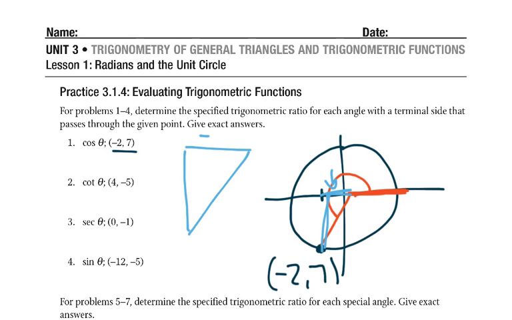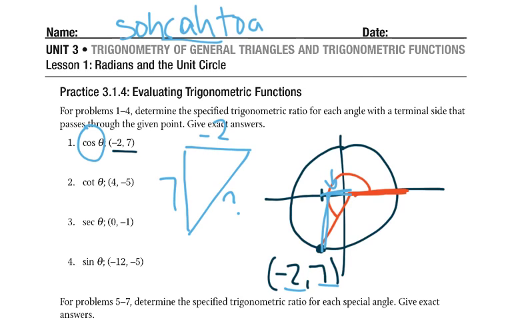This side right here is negative 2 because that's the x value. This side right here is 7 because that's the y value. So we need our hypotenuse because cosine, thinking of SOHCAHTOA, is the adjacent over the hypotenuse.